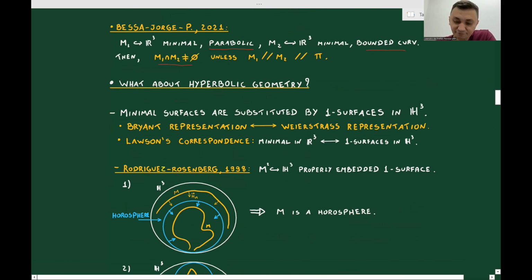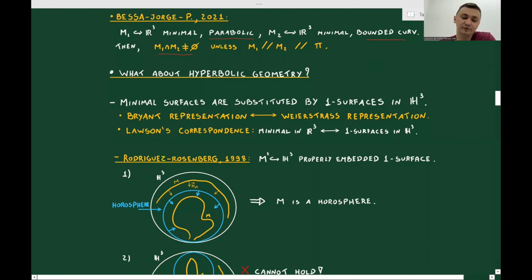So the first point is that now we need to analyze which are the corresponding surfaces that you can treat in the hyperbolic space. First of all, we know that one surface, what is one surface here?